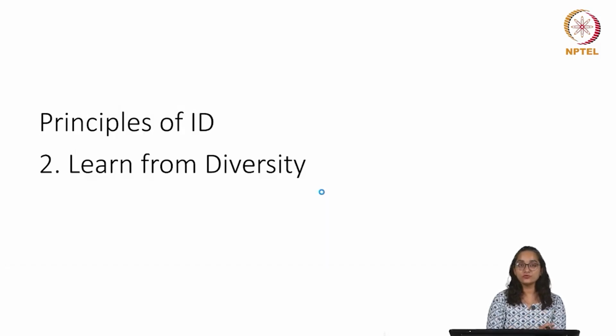So, moving to the second principle of inclusive design, which is learn from diversity. Now that we have recognized that there are other aspects of the design thinking process itself which can cause exclusion, and the onus is not just on the user themselves, but also on us as designers.